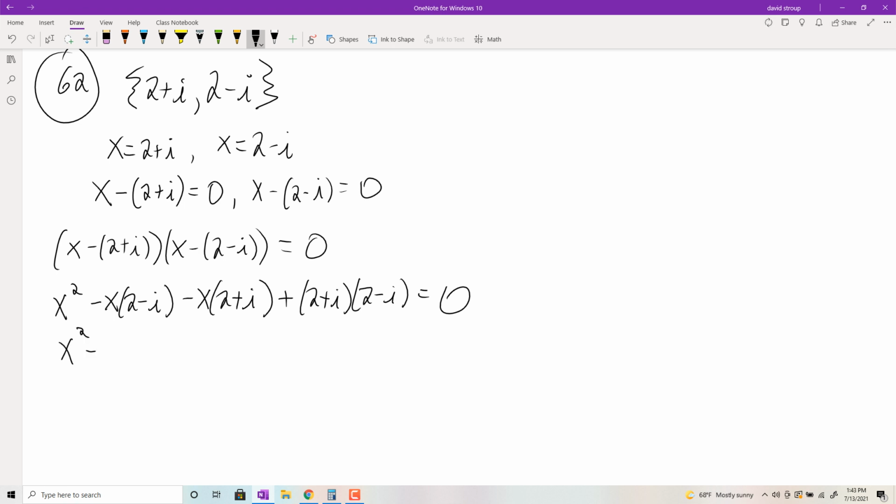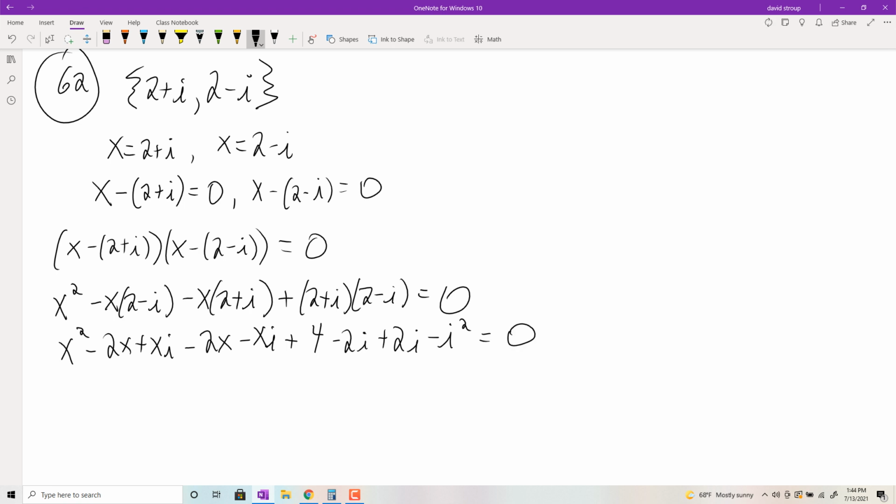Distributing, I get x squared minus 2x plus xi minus 2x minus xi. Then foiling, I get 4 outer, minus 2i inner, plus 2i last, minus i squared.